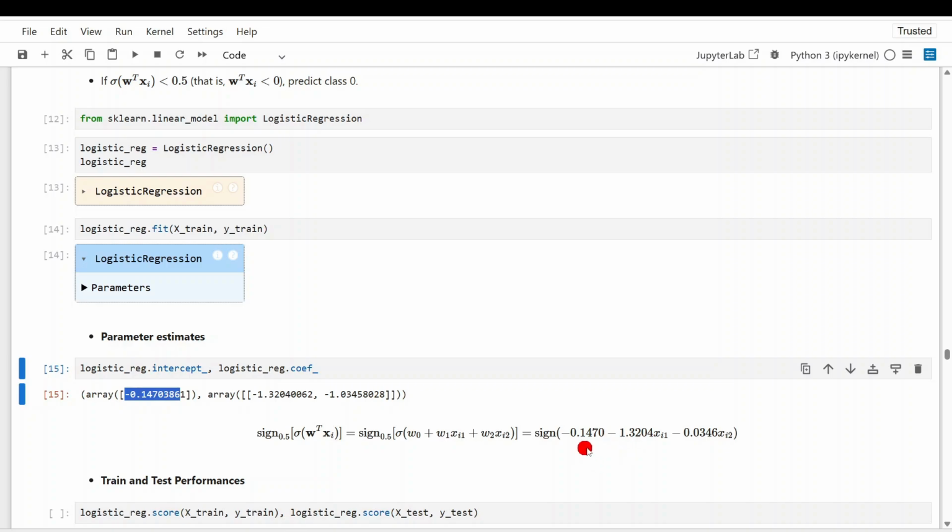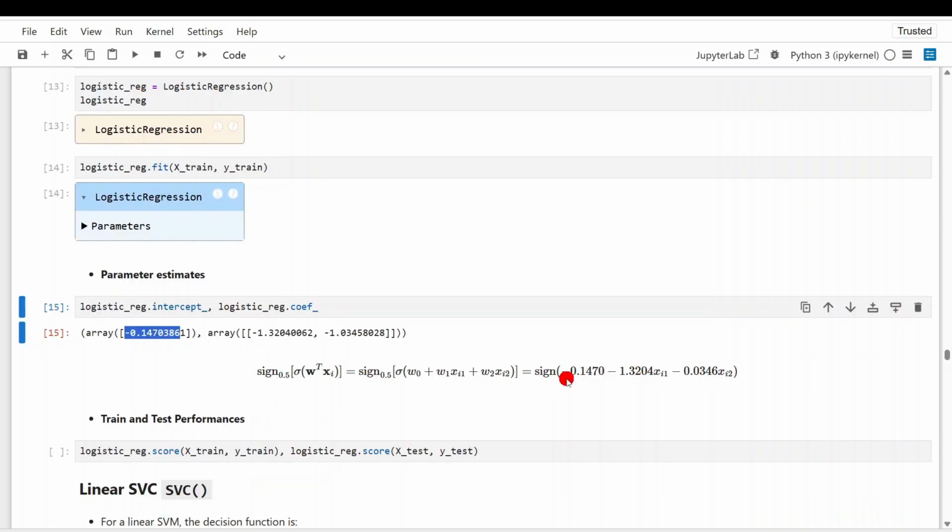If the value of this linear predictor is negative, we can consider the predicted class as 0. So this is the model that is estimated. Whether this linear predictor is positive or negative, the sigmoid function of the linear predictor will be greater or less than 0.5, which indicates whether the predicted class is 1 or 0.